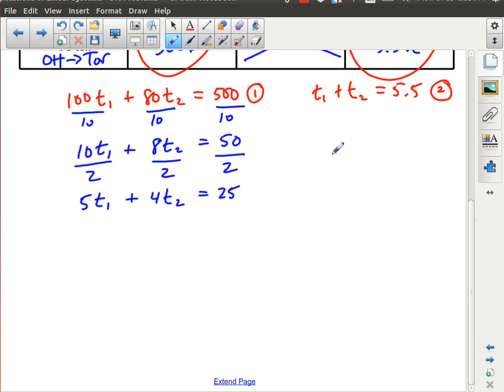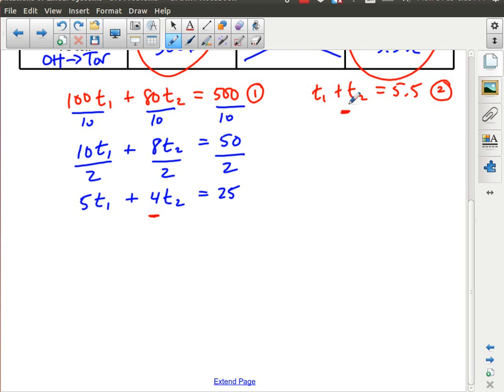I could now do substitution. So I could isolate t1 or t2 and sub it in here. Or it's actually pretty easy for me to get one of these coefficients to match up. In particular, I could pretty easily get the t2 coefficients to match up.